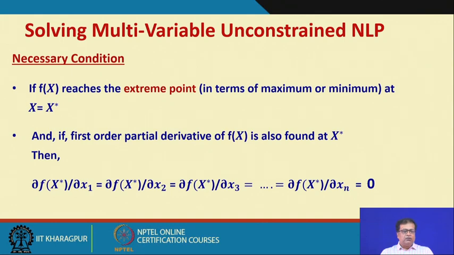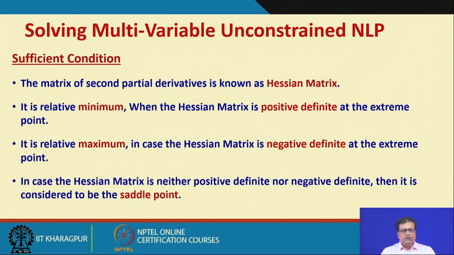But we also have to have what is known as the sufficient condition. The sufficient condition should be in terms of the second order partial derivatives, and the matrix that the second order partial derivatives form is called a Hessian matrix, right.